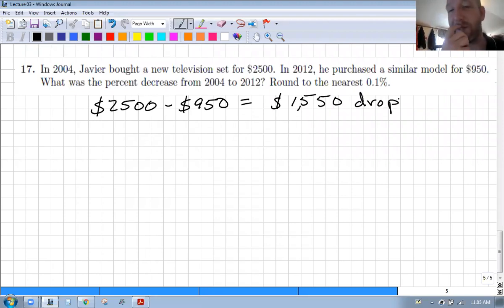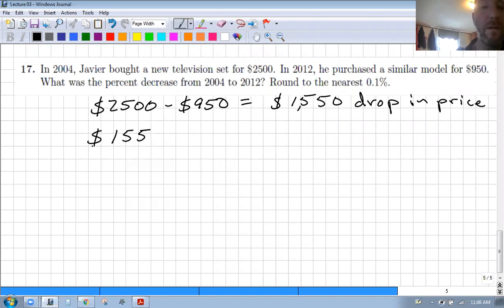So it dropped $1,550. Okay, so that's how much the price difference is. But they want to know what the percent decrease is.